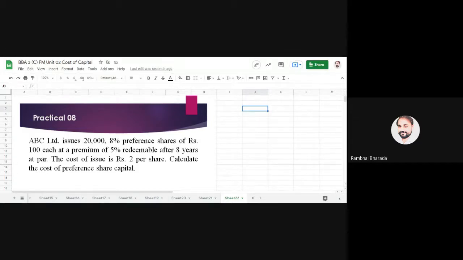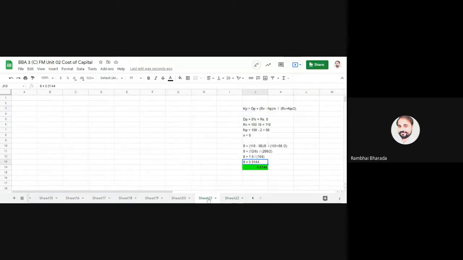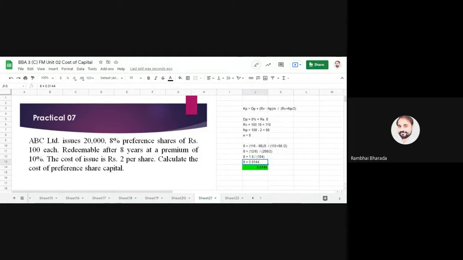And tell me, is there any difference? Okay, very good. Any other difference? Very good, excellent answer. If you see question number 7, the shares in the previous question that we have done, the issue price is 100 but redeemable at a premium of 10%.